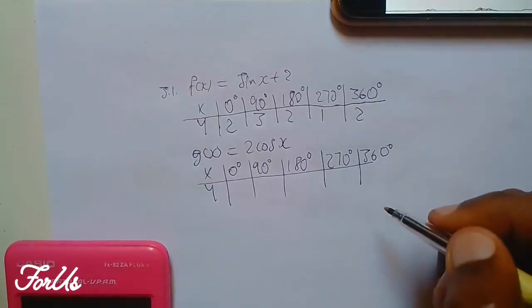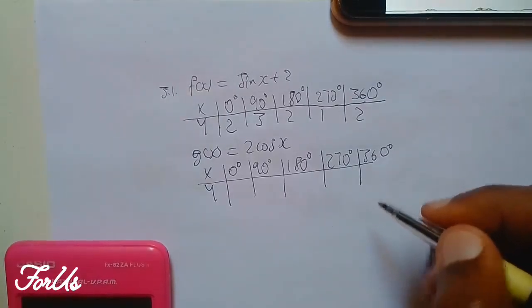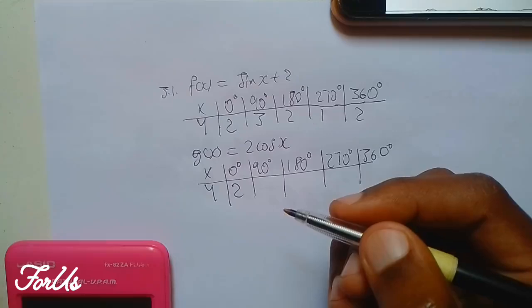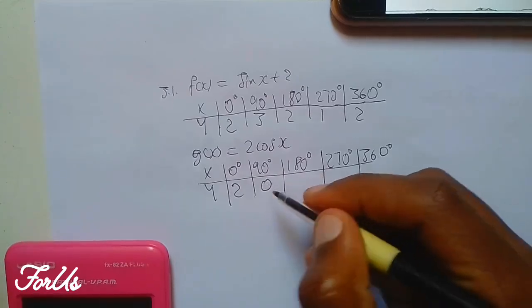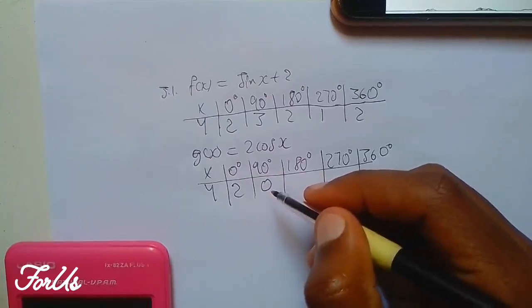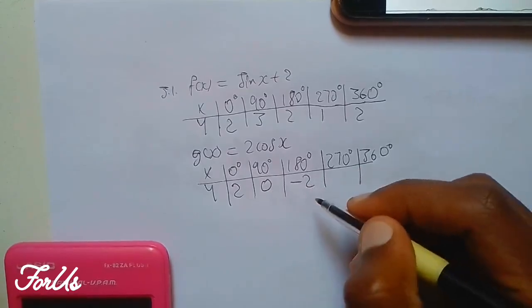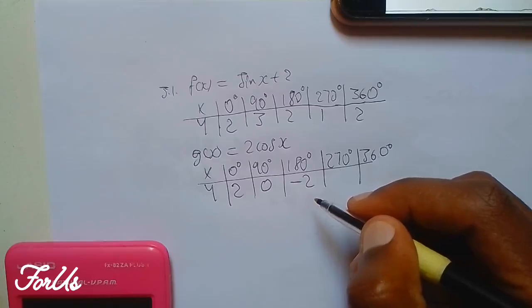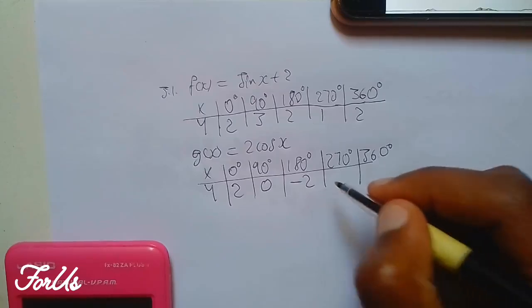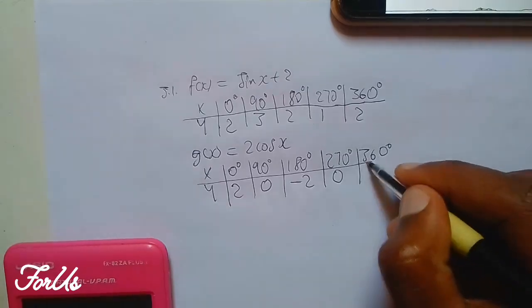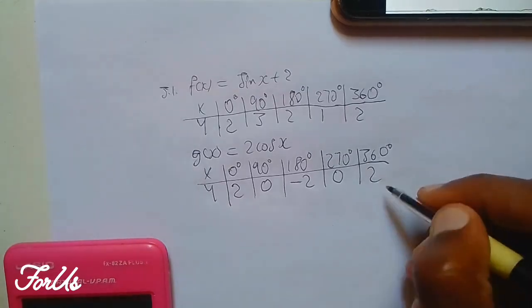You're going to have 2 cos 0, which is 2. 2 cos 90, 0. 2 cos 180, negative 2. 2 cos 270, 0. And 2 cos 360 is going to be 2.